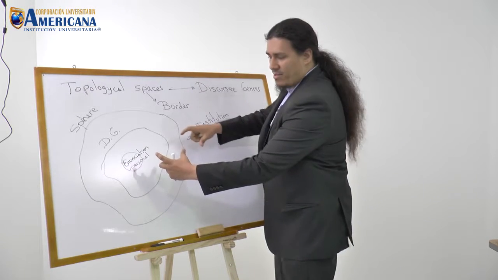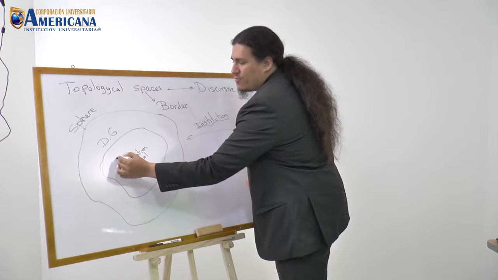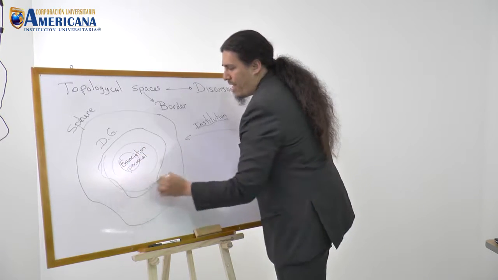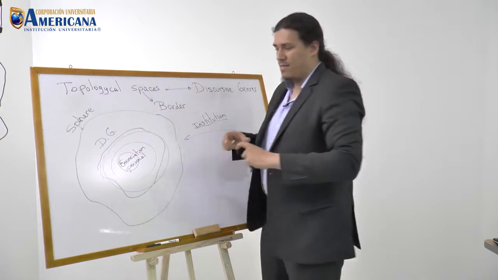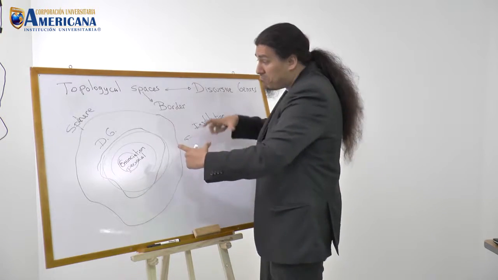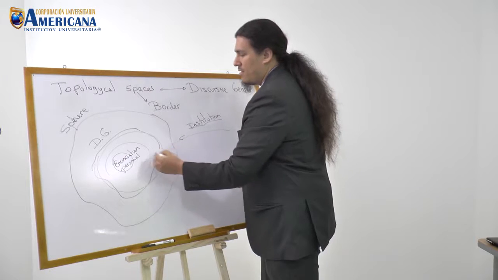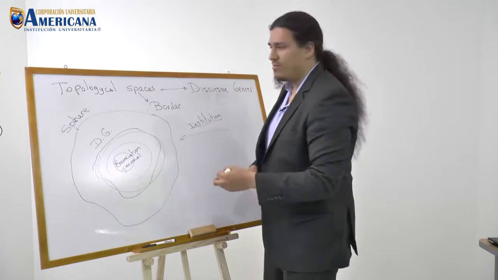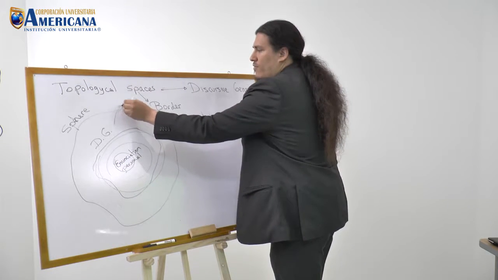So, the enunciation has to grow, but when the enunciation grows too much, maybe the enunciation has to go out of the sphere.